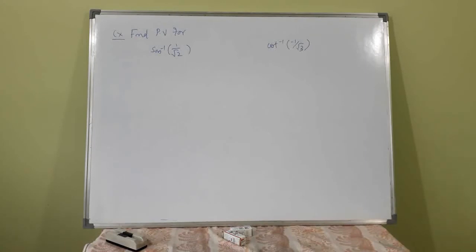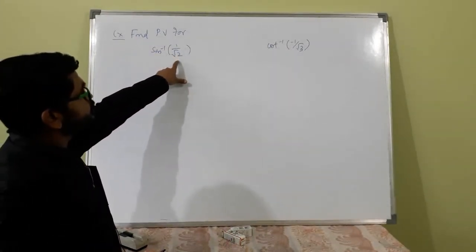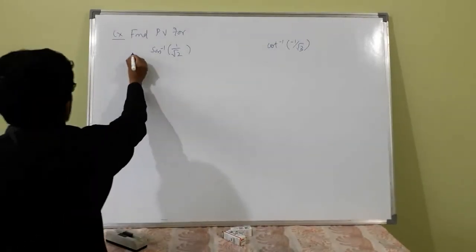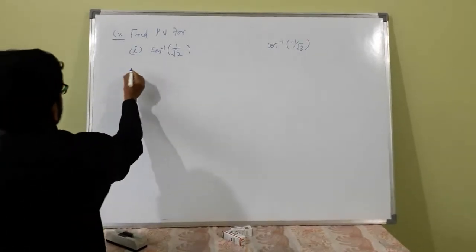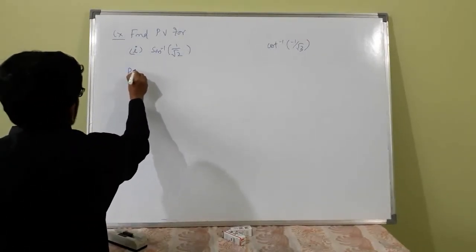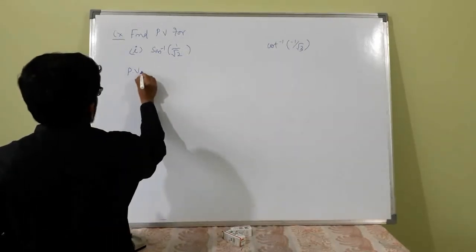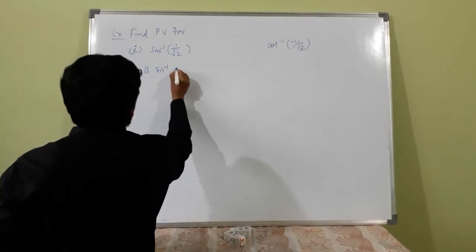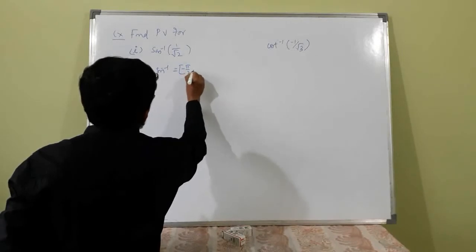See, for example, find the principal value for sin inverse of 1 by root 2, and cot inverse of minus 1 by root 3. The principal value branch for sin inverse is minus π/2 to π/2.